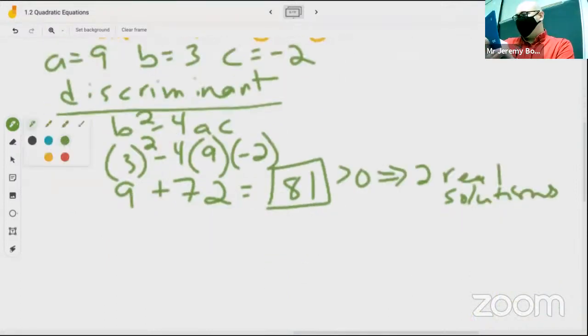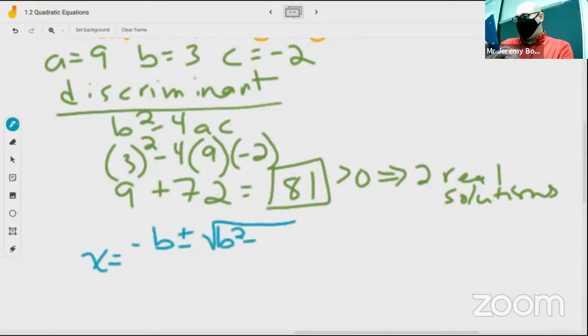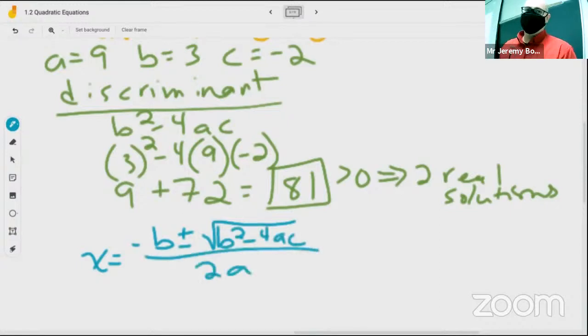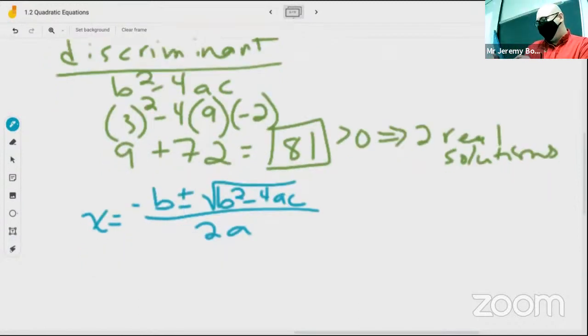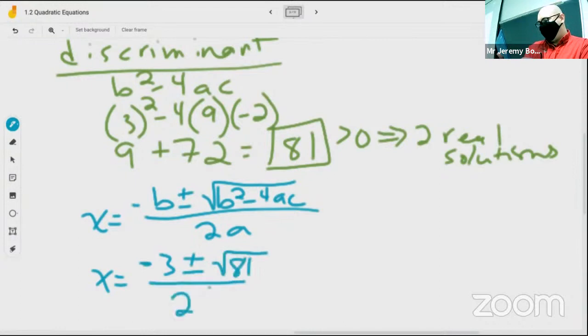So let's switch to another color. We know x is equal to -b plus or minus the square root of b squared minus 4ac, all over 2a. Let's plug in what we got. x is going to equal, what was b? 3, so -3 plus or minus the square root of 81 over 2 times a. a is 9, so 2 times 9.